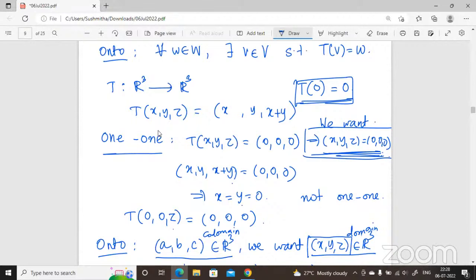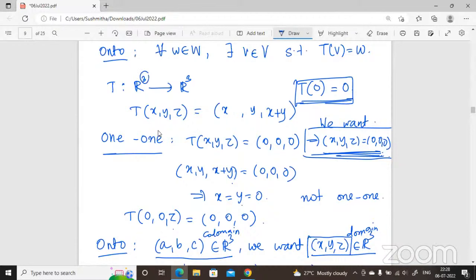So what can we tell about the rank? It would be less than 3. It cannot be 3. It can be maximum 2.